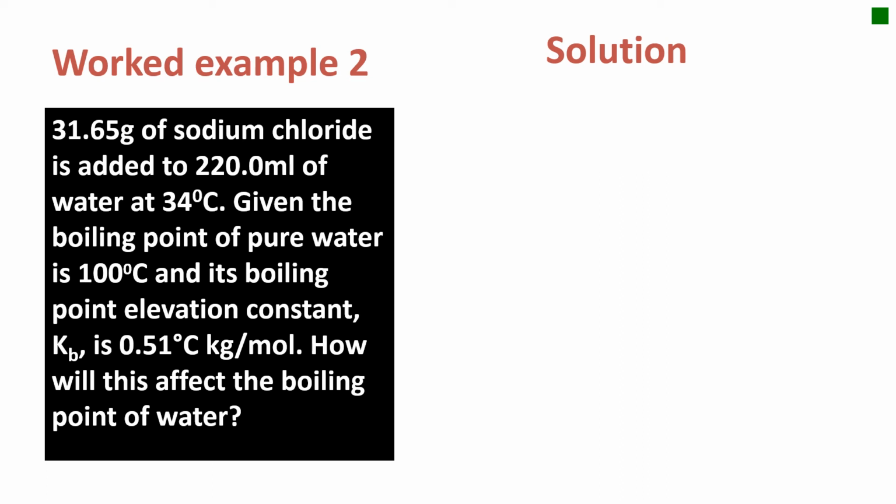Given the boiling point of pure water is 100 degrees Celsius, and its boiling point elevation constant is equal to 0.51 degrees Celsius kilogram per mole. How will this affect the boiling point of water? So we are asked to find the boiling point elevation.